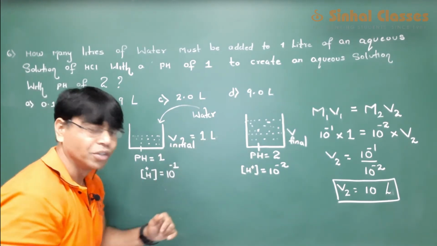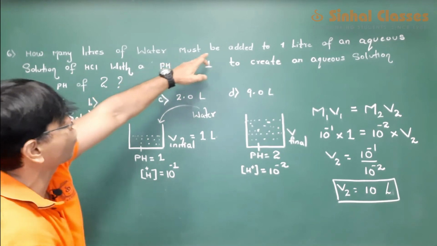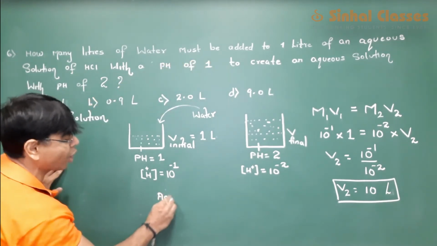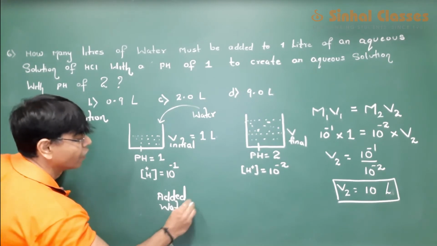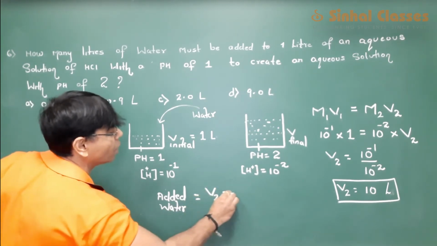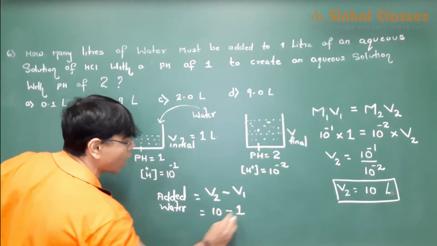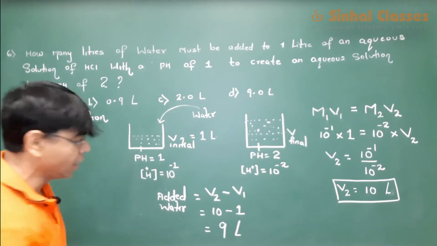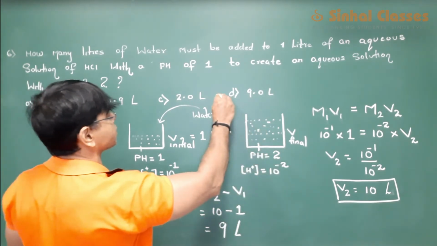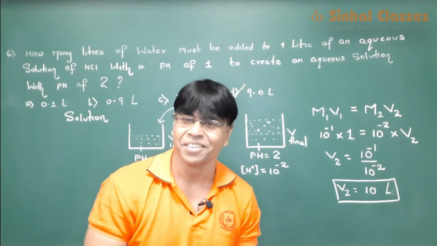They are asking how many liters of water must be added, so added water will be final volume minus initial, that is 10 minus 1. So your final answer is 9 liters, that is D.